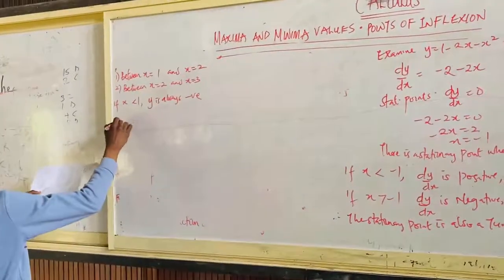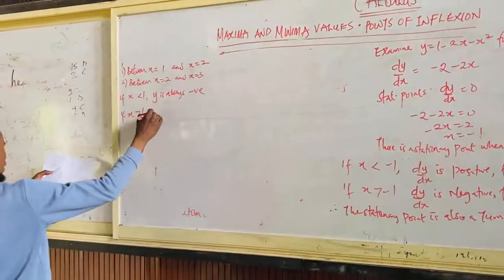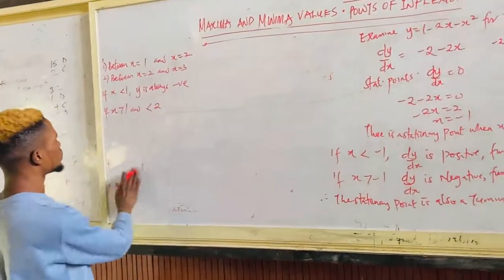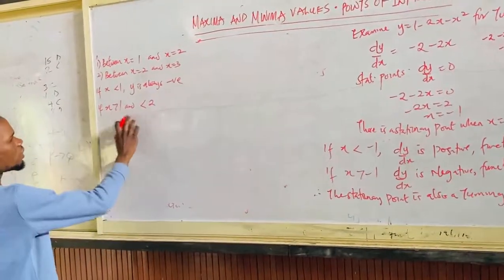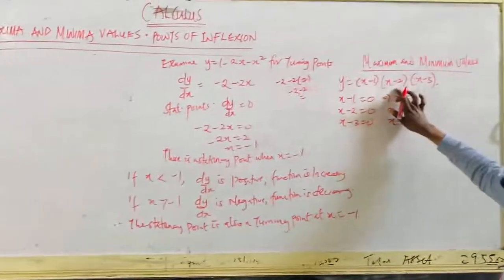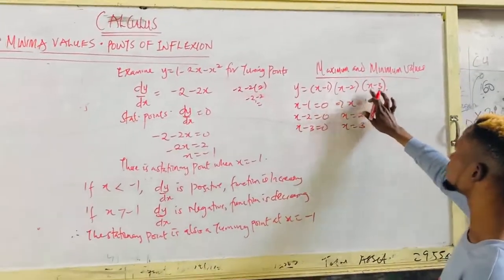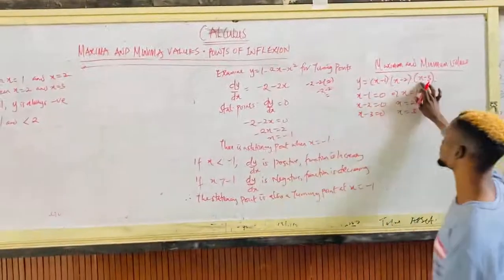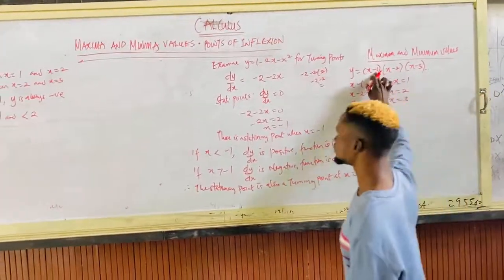Also, if x is greater than 1 and less than 2, that's 1.5. So positive, negative, negative. Negative times negative is positive, then positive is what? It's positive.